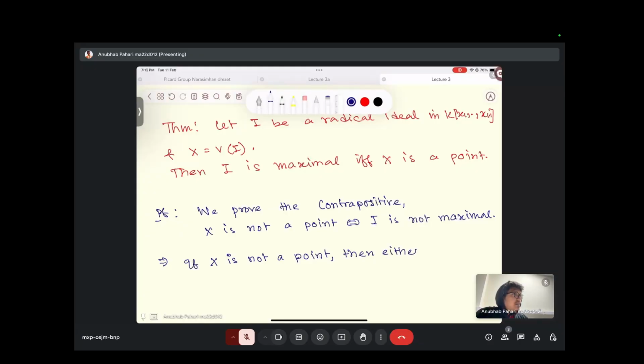either X equals to empty set or X contains more than a point.